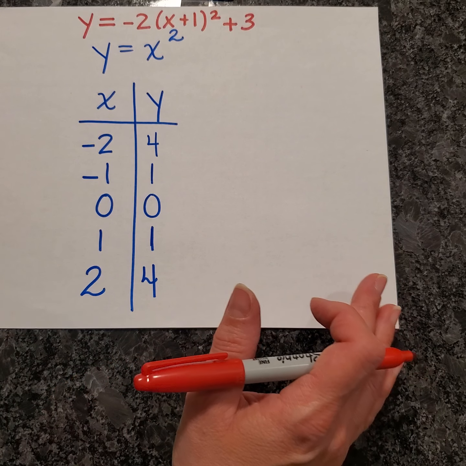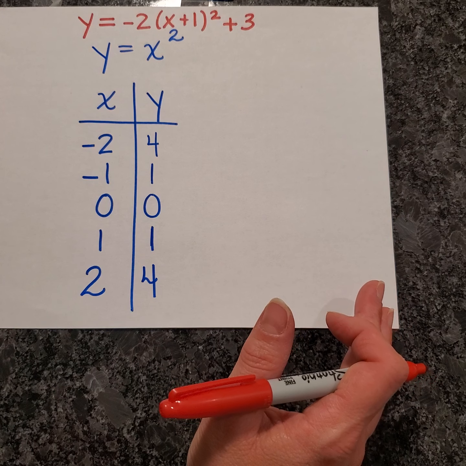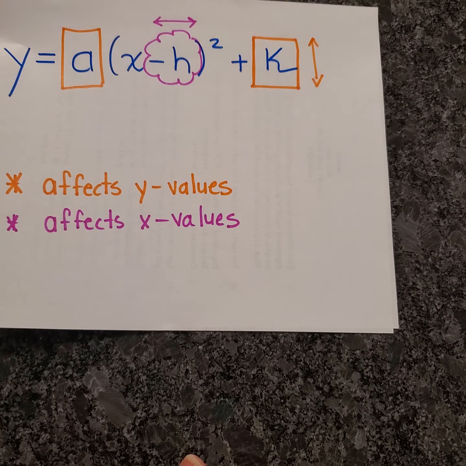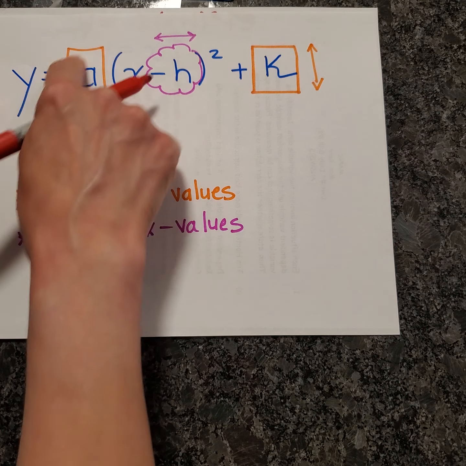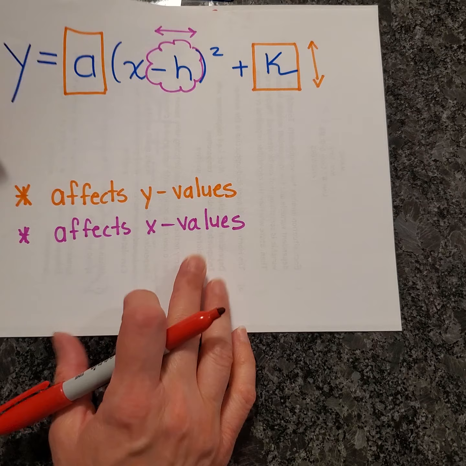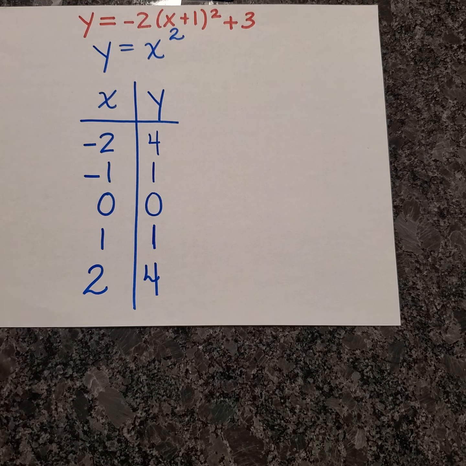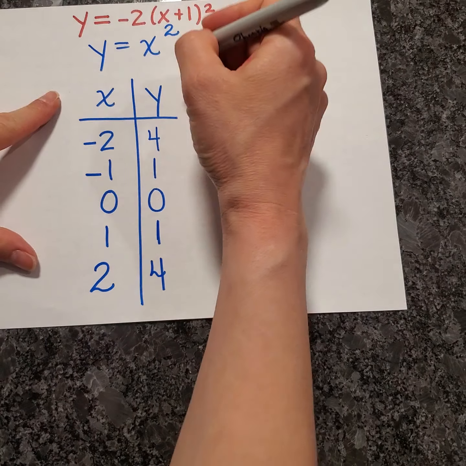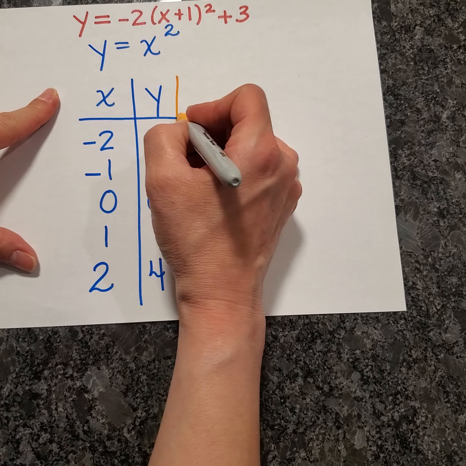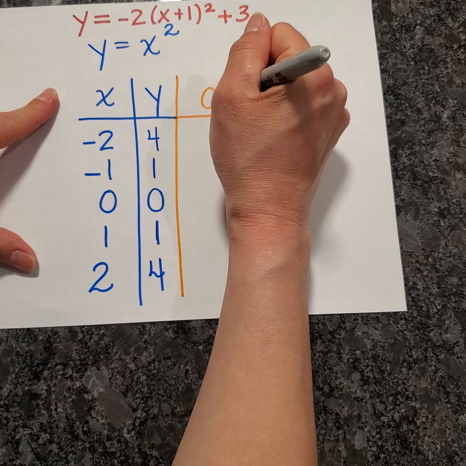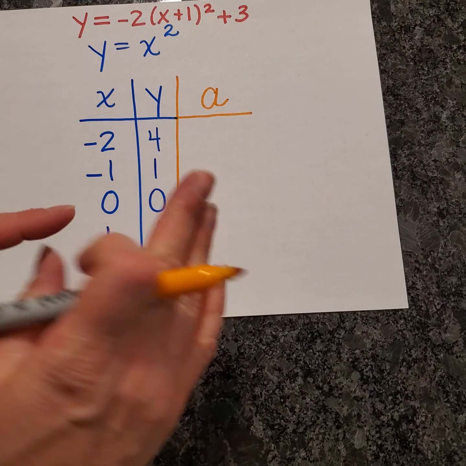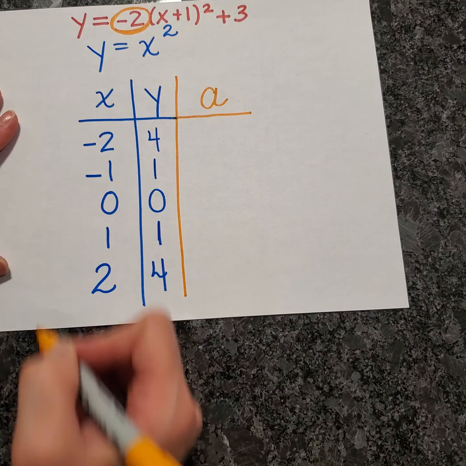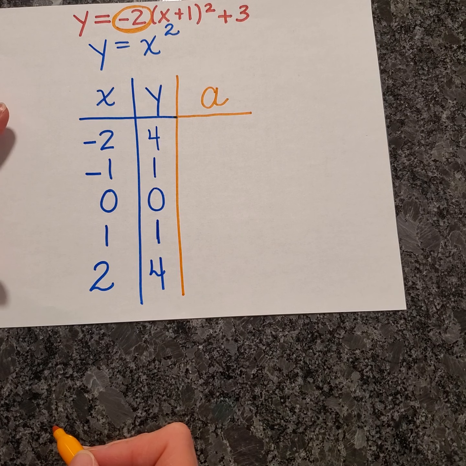Once you master this skill, it makes graphing so much easier. As I said earlier, the a value only affects my y values. So what I'm going to do is add on to my table of values. I'm going to add another column, and this is going to be my A column. This is where I show what kind of impact the A value has on this quadratic relation.